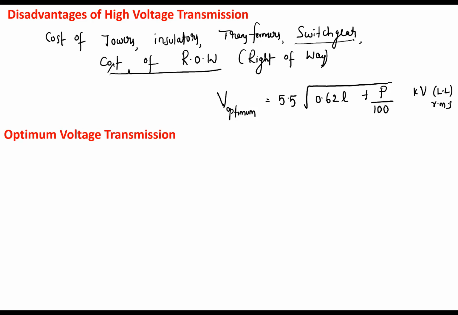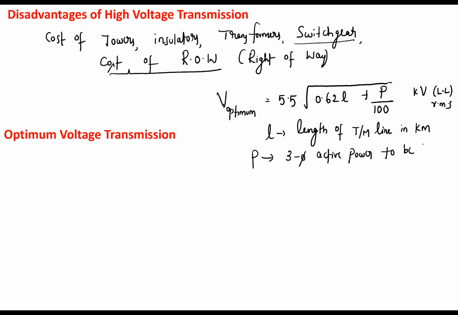Here L is the length of the transmission line in kilometer, and P is the three-phase active power to be transmitted over the transmission line.